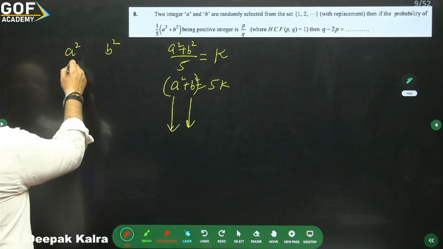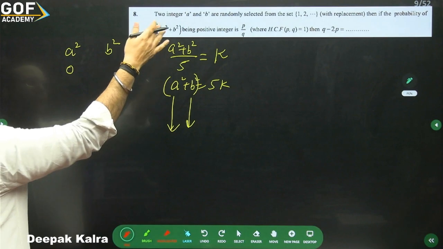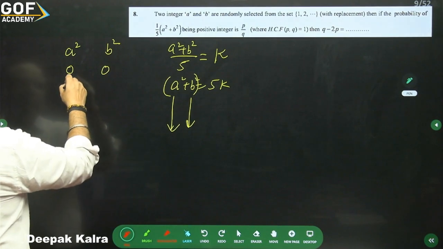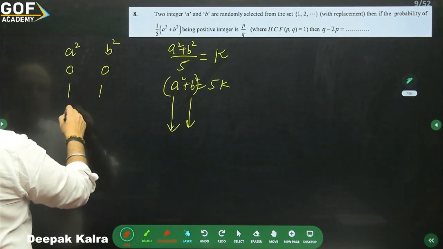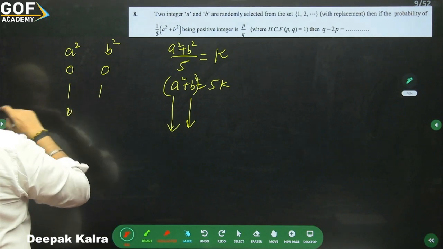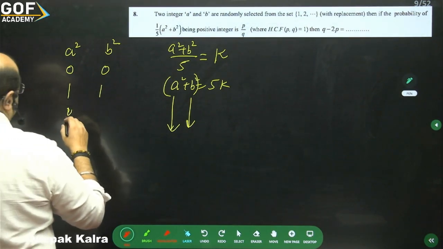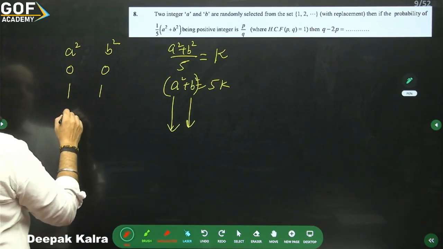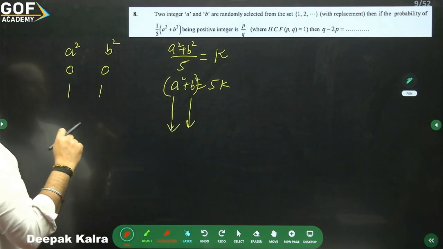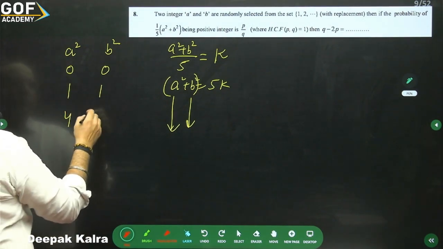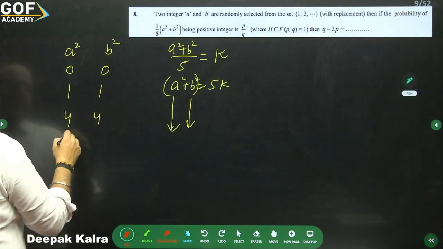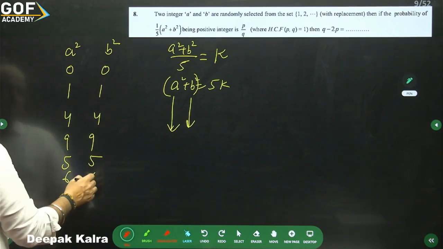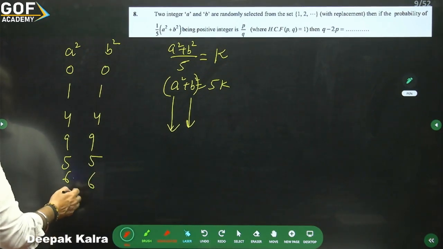So A square may give me, if I select the number from 1, 2, 3, 4 up to 10, the units place may be 0, 1, then you have 4 possibility, 9 possibility, 5 possibility, 6 possibility, 8 will not come.